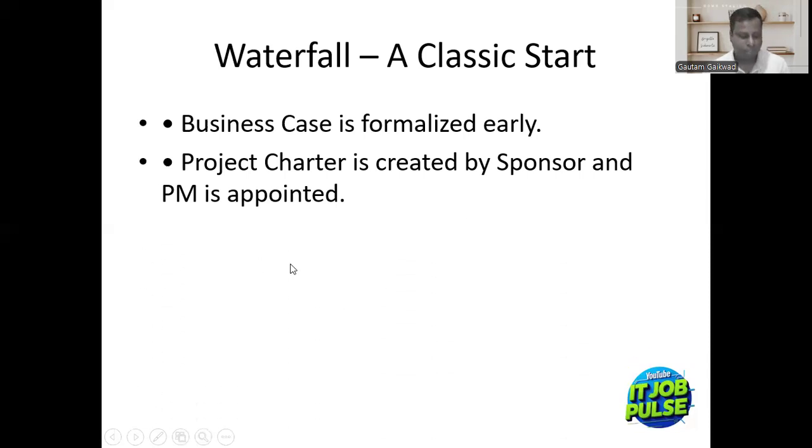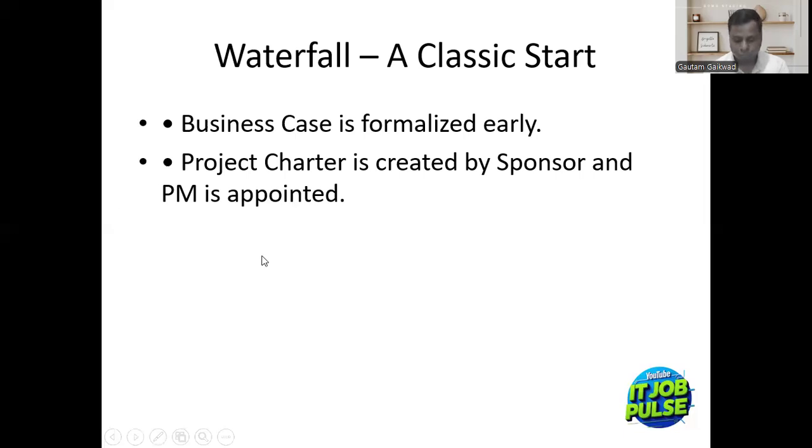Even before that, cost benefit analysis and benefits management plan take place. Like after creating a project charter, these two documents, CBA and BMP. CBA is the cost benefit analysis, and BMP is the benefits management plan.